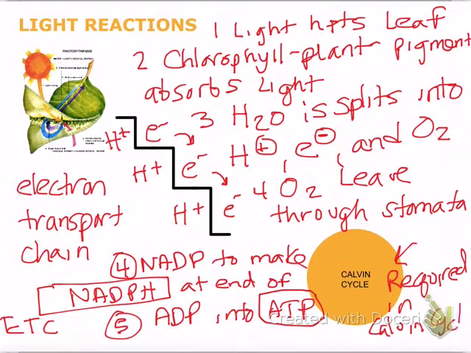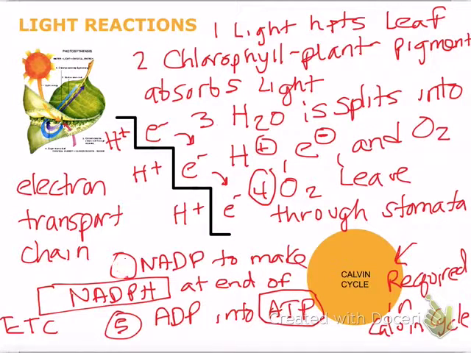So, in the light reaction, light hits the leaf, step 1. Then chlorophyll, the plant pigment, absorbs the light. This causes water to be split into hydrogen, oxygen, and electrons. The oxygen is going to leave through the stomata.